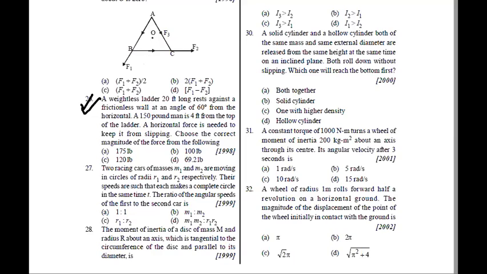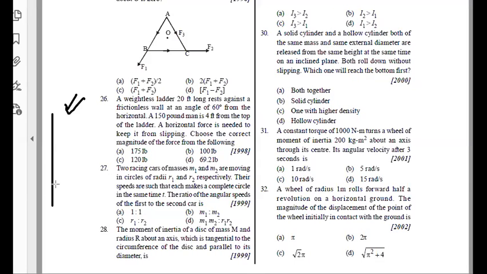I hope all of you remember this concept, right? We will have a talk on this point and this point.